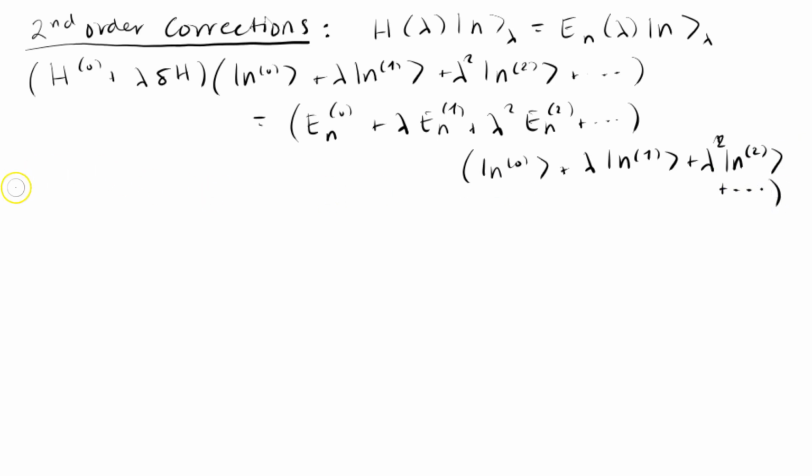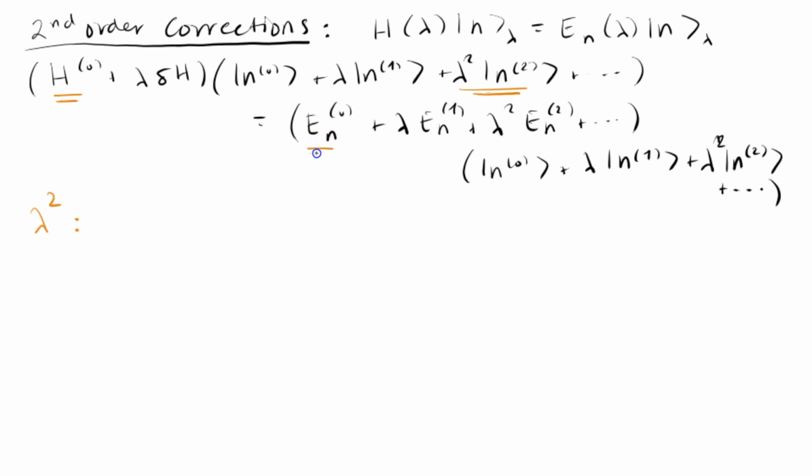Okay, now let's look at the second order correction. Let's pick orange. Okay, lambda squared. Let's look. We're going to have H0 and this one, that's one of them.